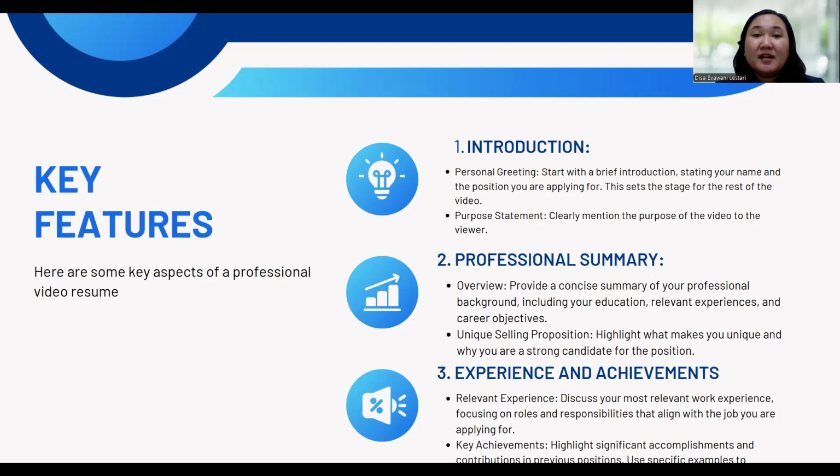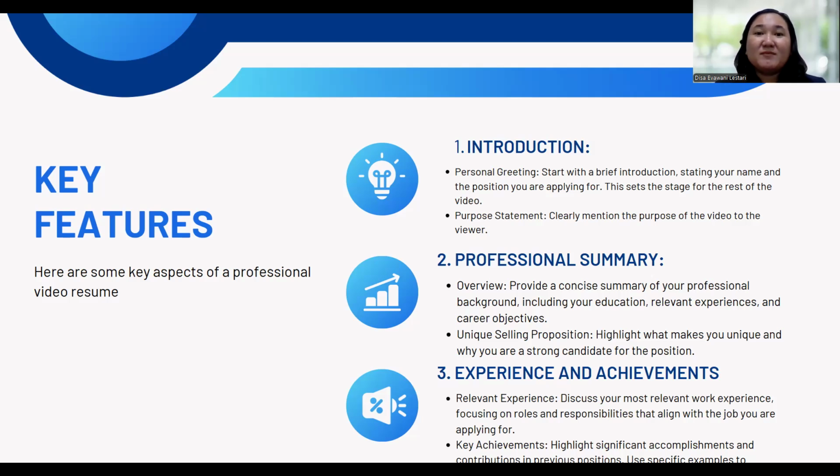For example, hello, my name is Disa Evawani Lestari. I'm applying for blah blah blah position at blah blah blah company. The tendency is that everybody tends to speak fast when they mention their names, maybe because you are so familiar with your name, so you speed up.